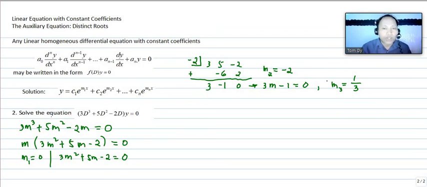Now, once we find the roots of each equation, then we can now use this formula to solve this particular problem. So we will make use of y.